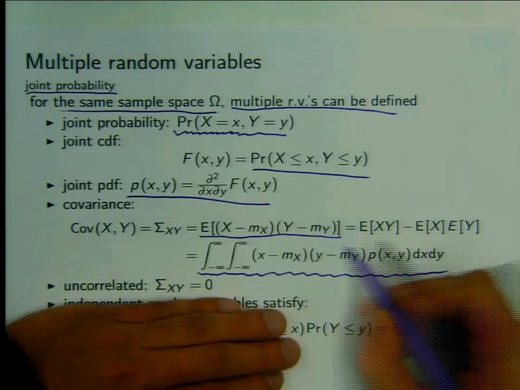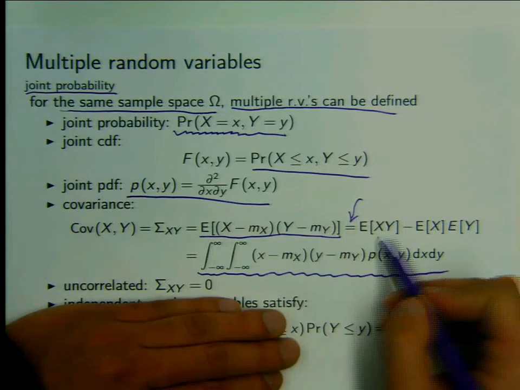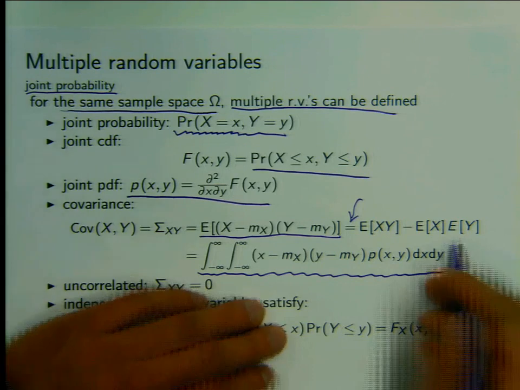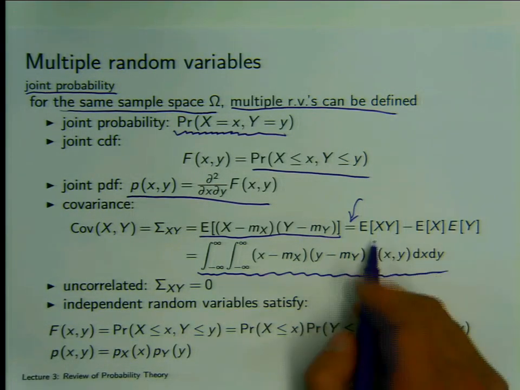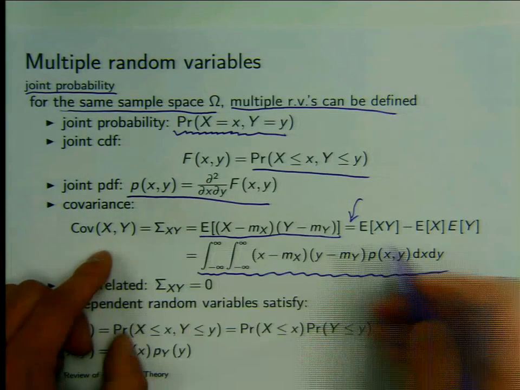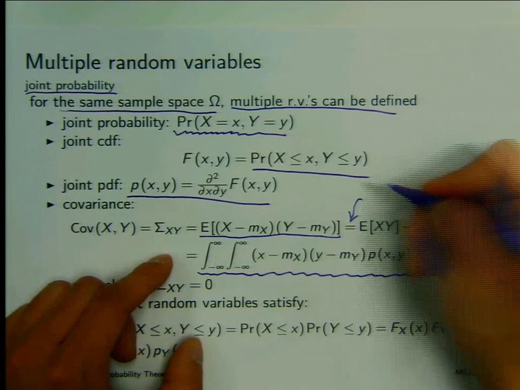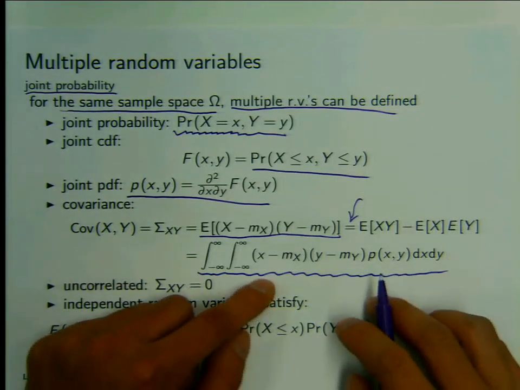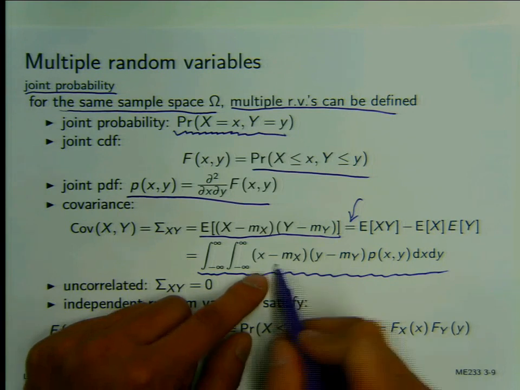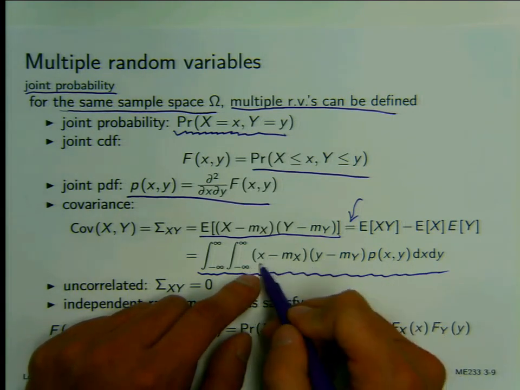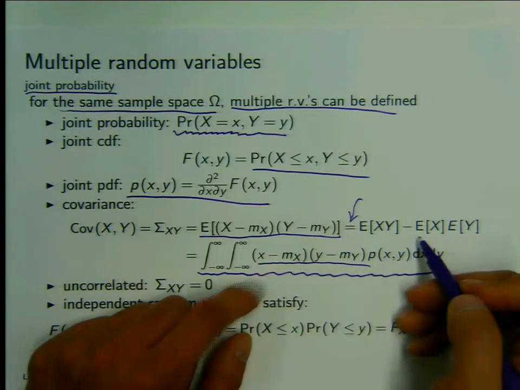If you evaluate this, you can obtain this equation, which is often used as the evaluation of the covariance between x and y. It can be done very easily from the definition of the covariance, just by expanding this term, and then you will be able to see this.